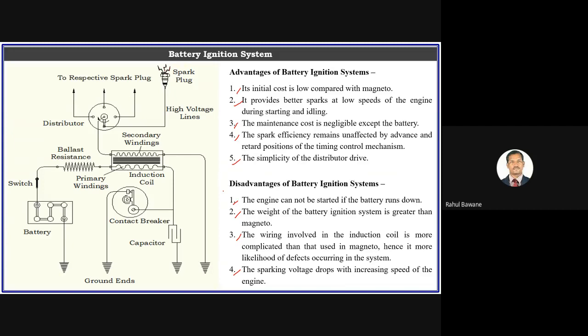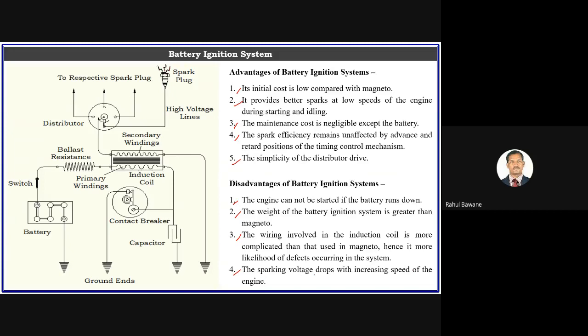As heat increases, it will reduce the intensity of the magnetic field. It becomes weak, so it is definitely going to affect the spark intensity. So in the battery ignition system, if the speed of the vehicle increases, it is going to drop the sparking voltage.